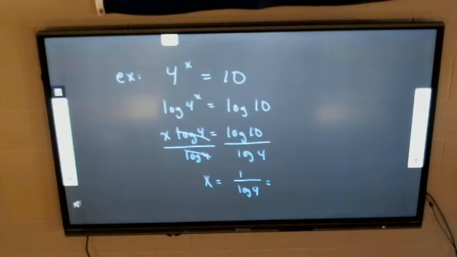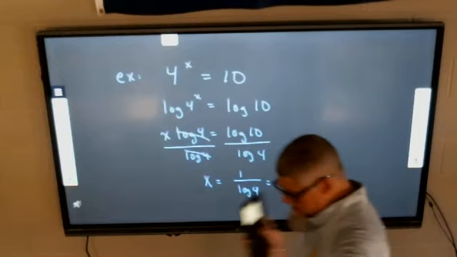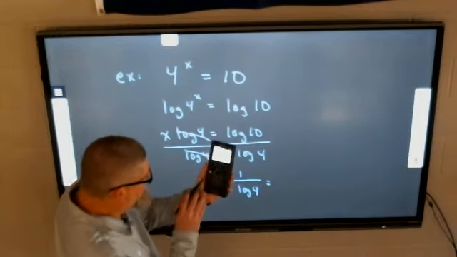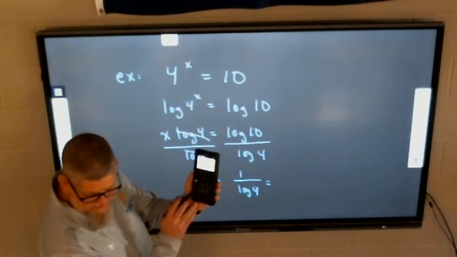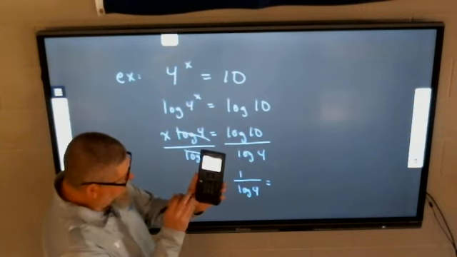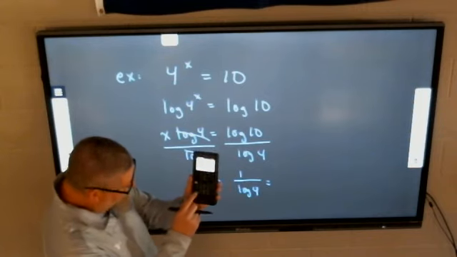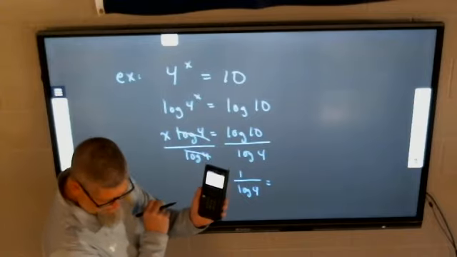Grab your calculators. Put in 1 divided by the log of 4, and let's see what we get. How do you do the log? Great question. On these calculators, log is right here by the 10 to the x power. So you're going to hit control and then 10 to the x, and it should say log.